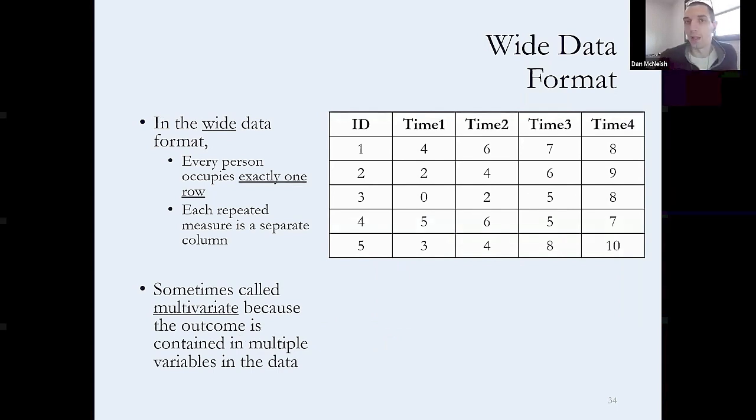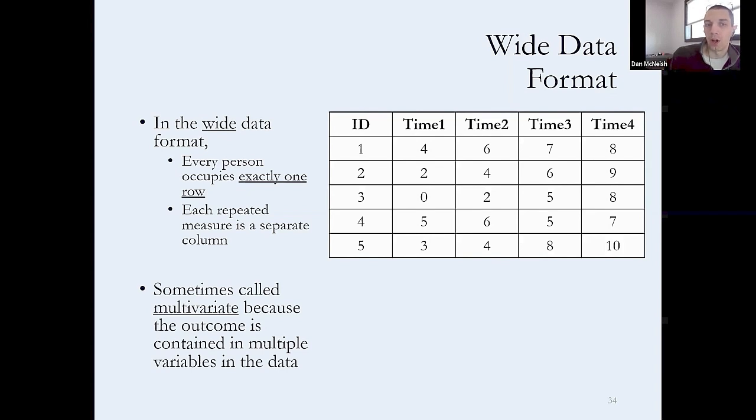The format that a latent growth model that we're going to focus on here usually takes is the wide format. So it's going to look a little bit different. Instead of having a person ID variable get repeated for every row, I'm going to see the person ID only appear once. Instead, every column is going to indicate a new time point or a new repeated measure.